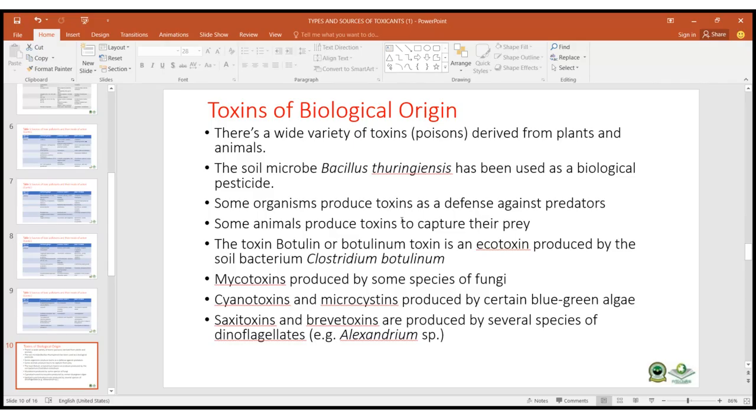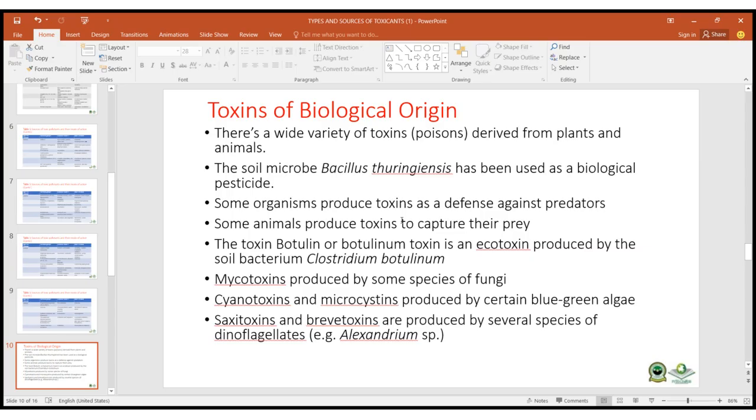So if the predators know that feeding on them is going to lead to their death, they will avoid it.